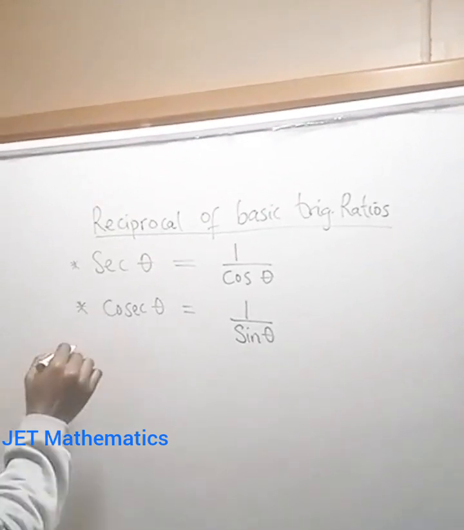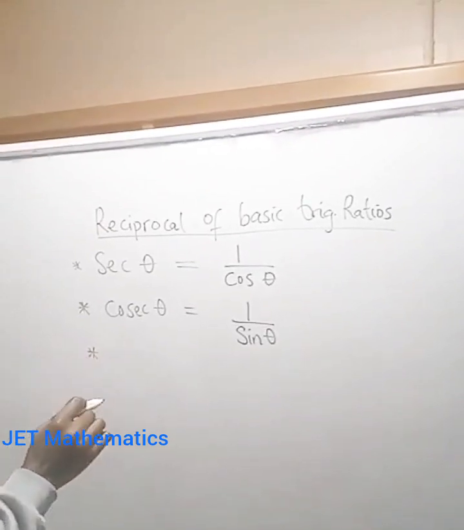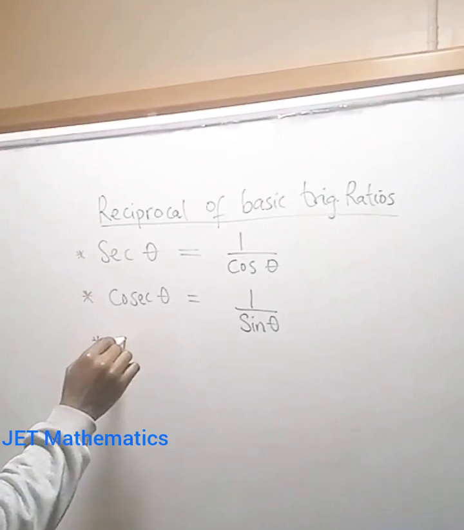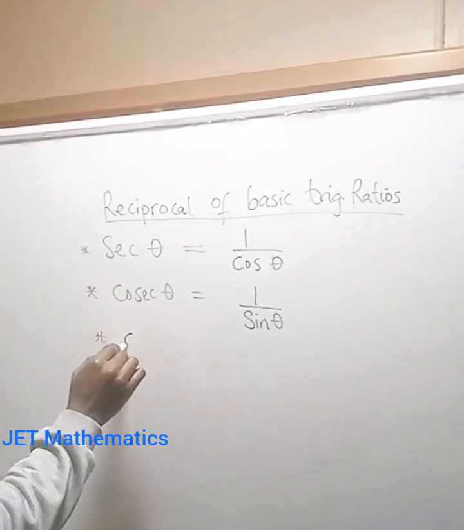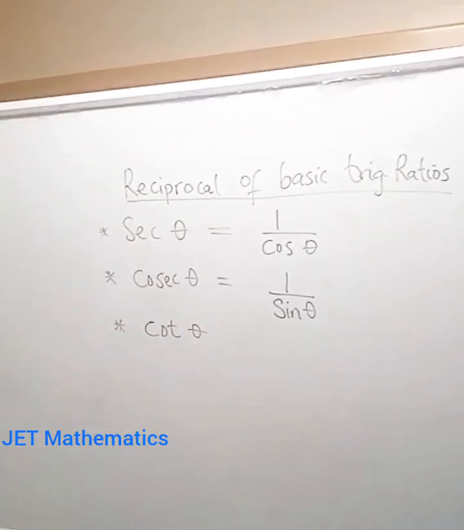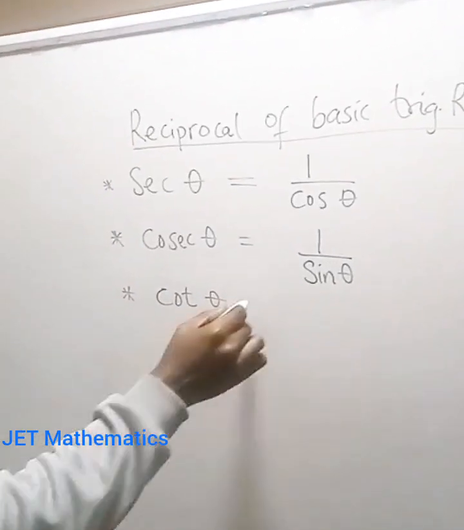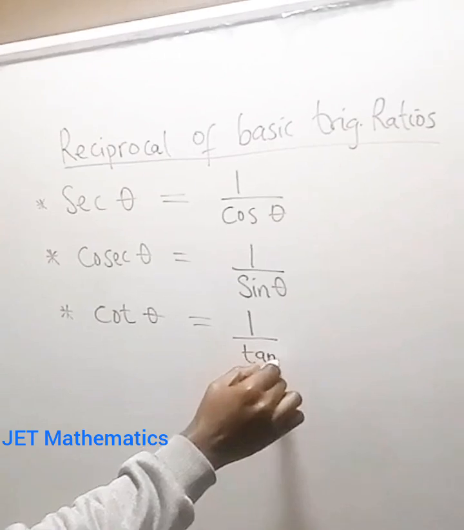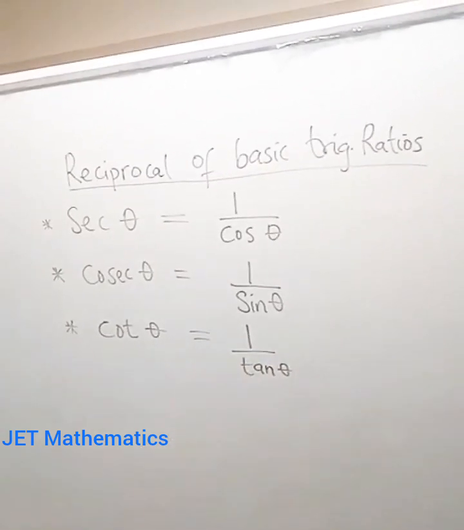And then the last reciprocal is the cotangent. Cot is called the cotangent of theta, and that is just the inverse of tan theta. All right.